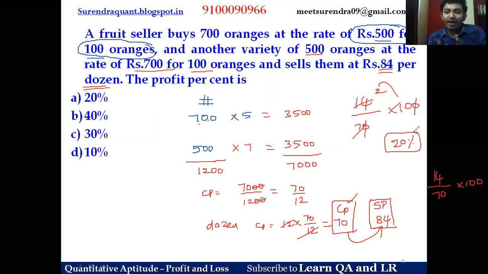And to avoid decimals, we are trying to find it in terms of dozens. So the profit is the same whether you argue in terms of dozens or in terms of each orange. Anything is fine. So the answer is 20%. It is a simple word problem, but still a good question to be considered. Next question.